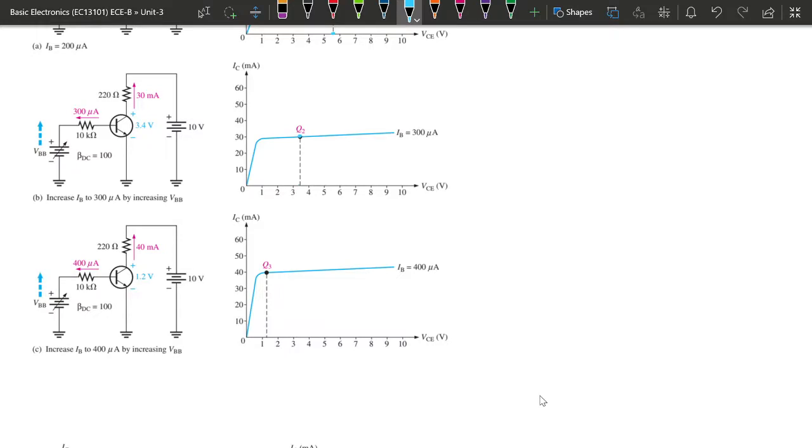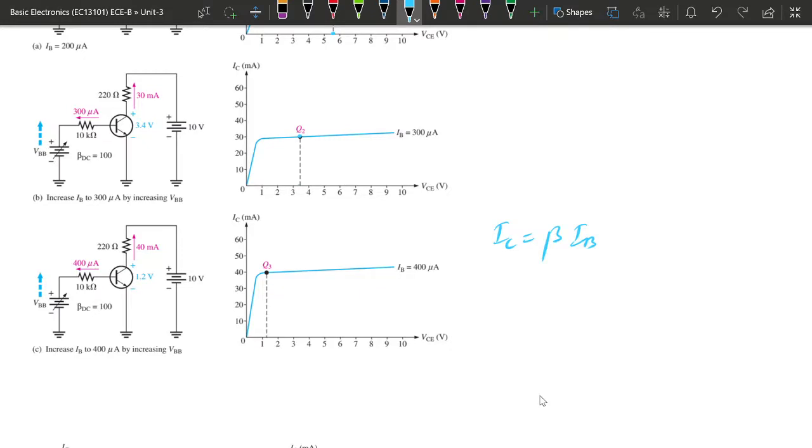Similarly if we further increase this VBB, we will be getting 400 microampere as the base current. Once 400 microampere is the base current, we can get the IC. So IC will be beta times IB. Beta is 100, so IC will be equal to 40 milliampere.